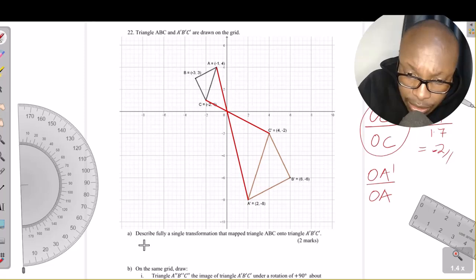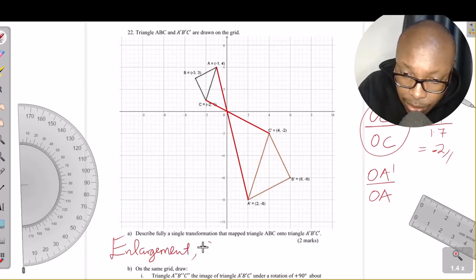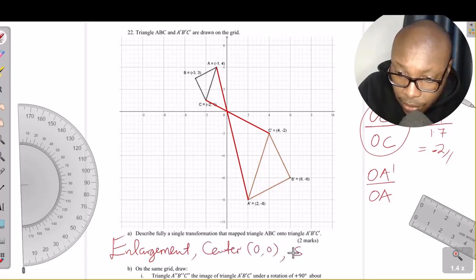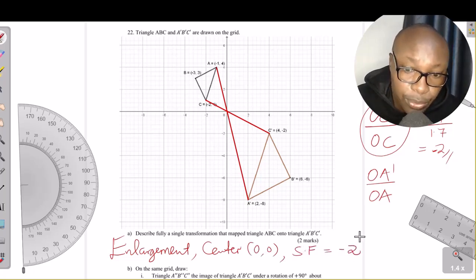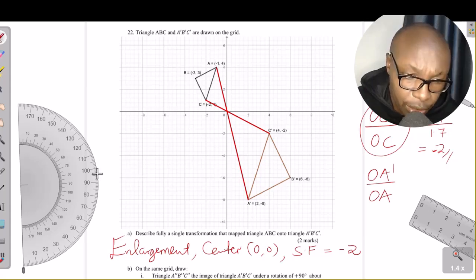So now we can describe that. This one is an enlargement, the center is the origin, and the scale factor of enlargement is negative 2. That is the full description of an enlargement. Now you can go to the next one.